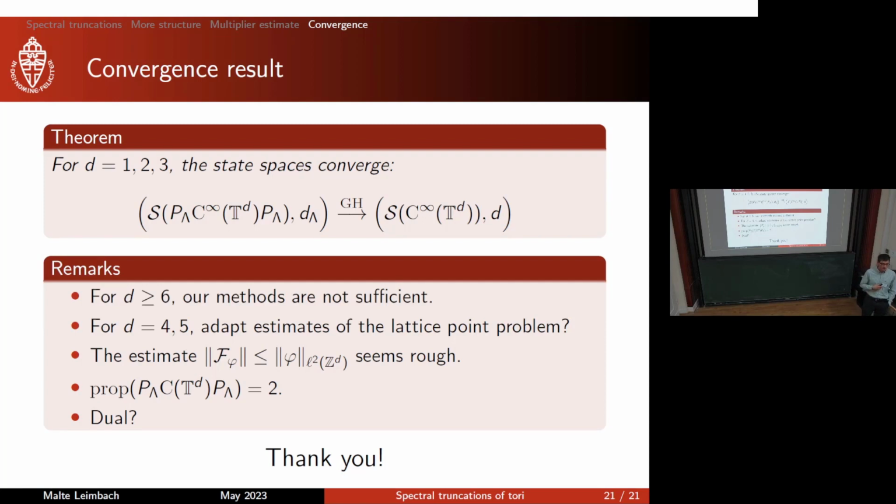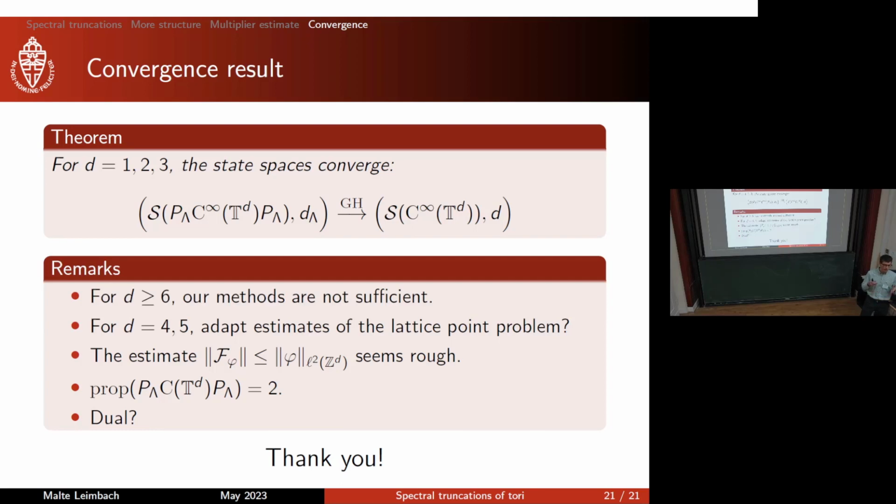Use the disk to do the spectral truncation, but can you pick some other shape, like a blob or something? I mean, if you pick a square, then the counting problem is much easier, right? This was done by a master's student, so he did it not for the disk, but for the square.